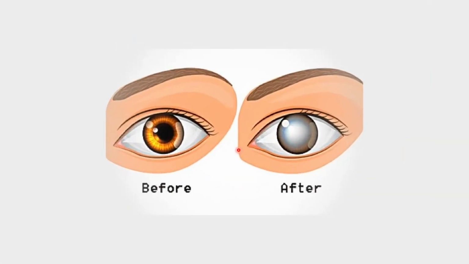We can call this disease opacity, that means a cloudiness in the eye. This occurs due to harmful ultraviolet rays. In Sinhala it is called Parajambula killer. Dryness in skin.